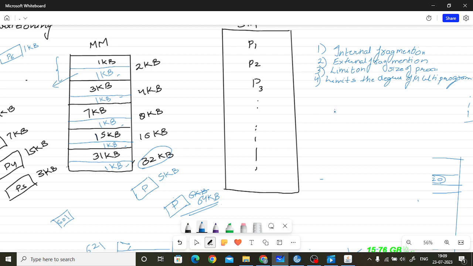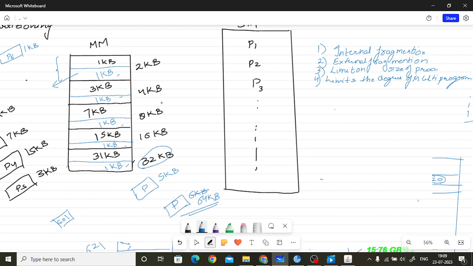What is multiprogramming? At any given time, the number of processes in the main memory tells about the degree of multiprogramming.